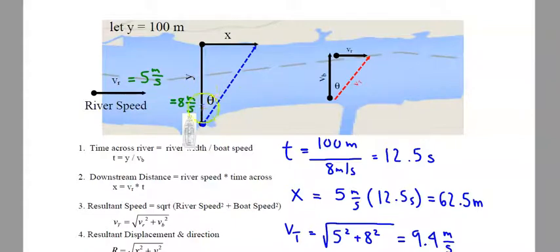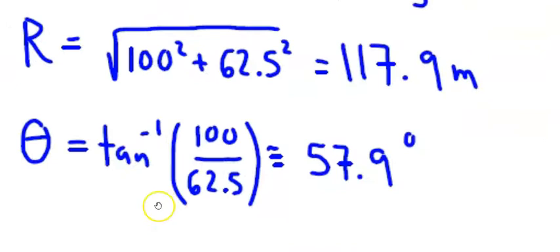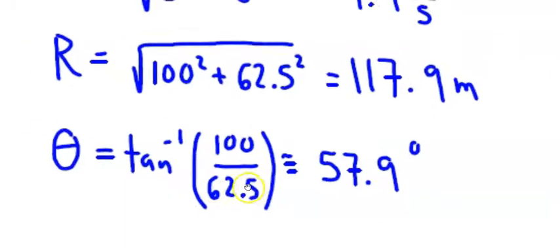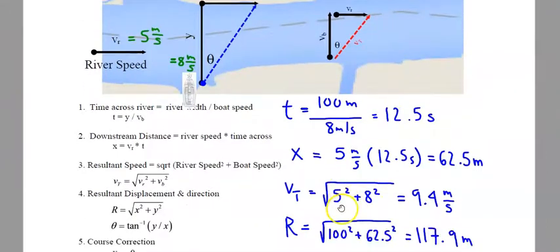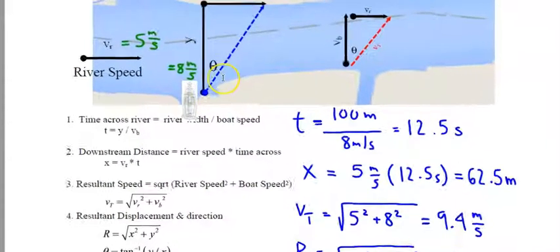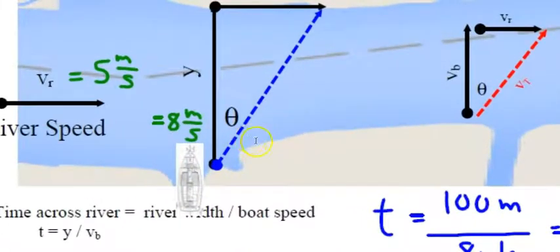And so what's that angle of deviation right here? We're going to use the arctangent. In this case, I did the y over x, which gives me 57.9 degrees when I took the arctan of that ratio. The 57.9 degrees is really off of the x-axis, and that has to then be subtracted from 90 degrees, which gives us 32.1 degrees.